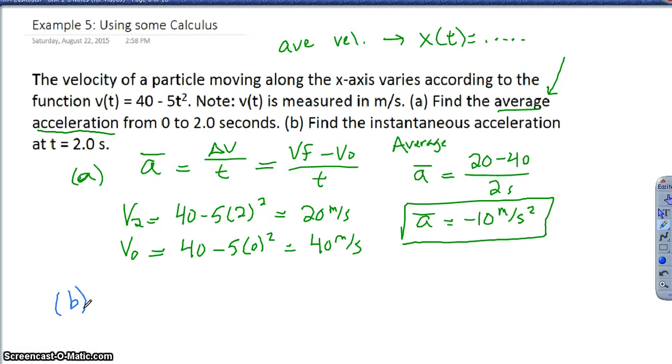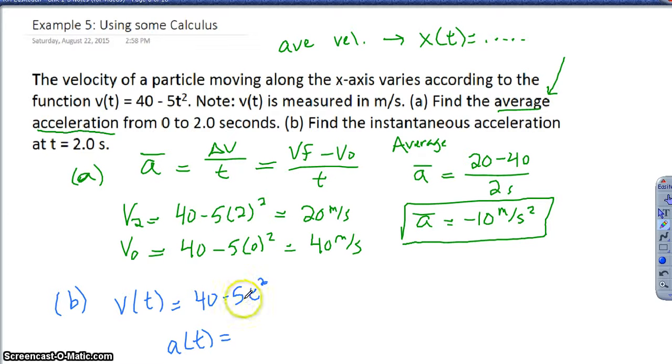Part B then is hopefully pretty easy. I want to find the instantaneous acceleration, and instantaneous information is where we bring in the calculus. So if v of t equals 40 minus 5t squared, I know the acceleration function is the first derivative of my velocity function. So to find the acceleration, I find the derivative.